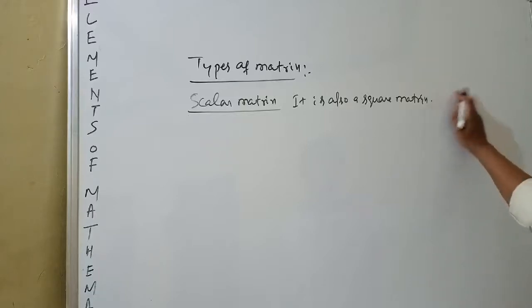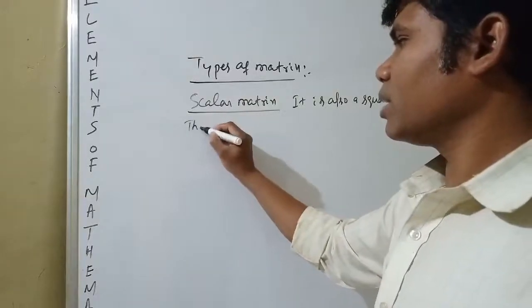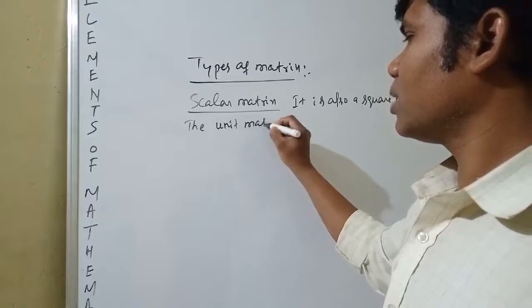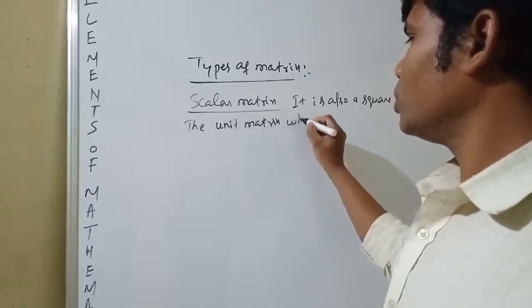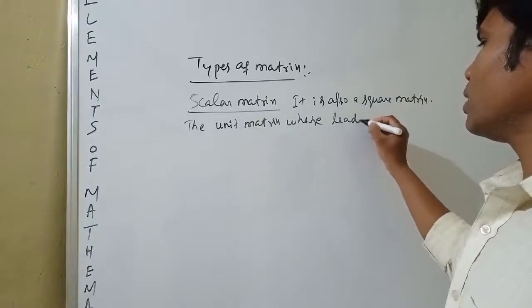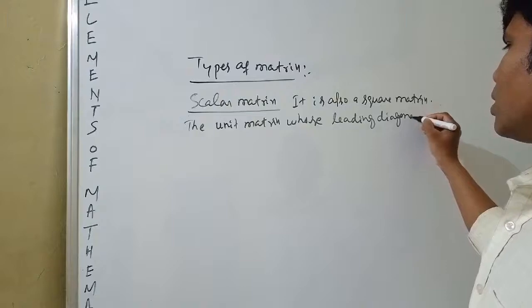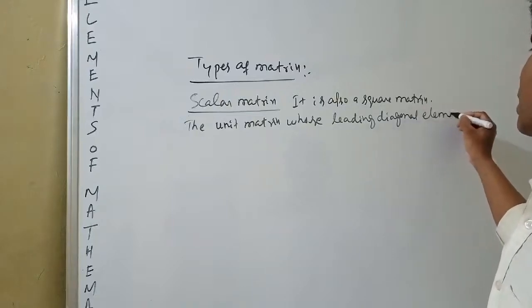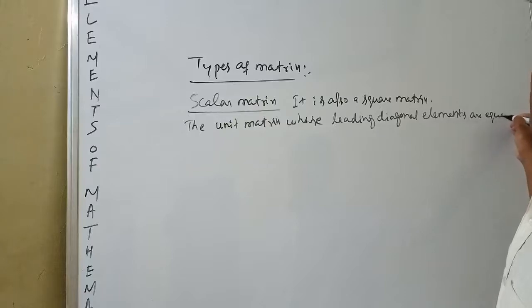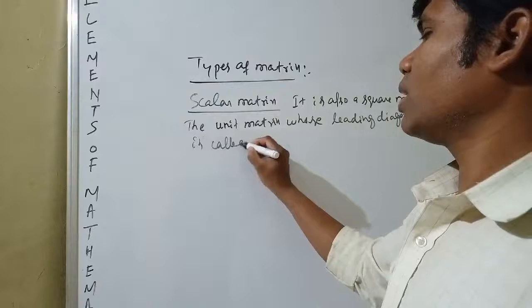Or you can say the unit matrix whose leading diagonal elements are equal is called a scalar matrix.